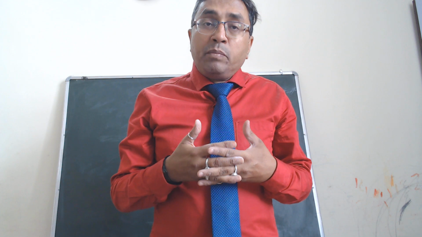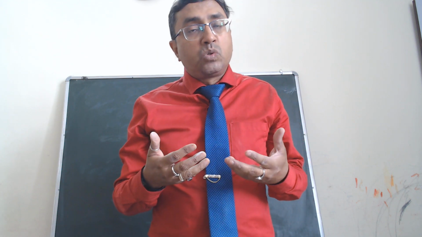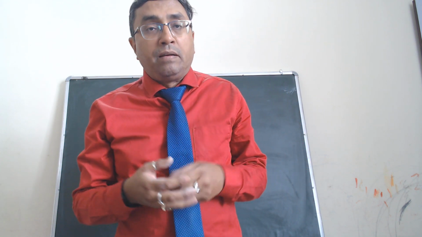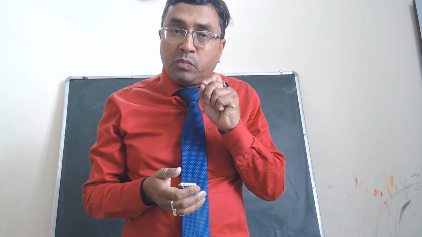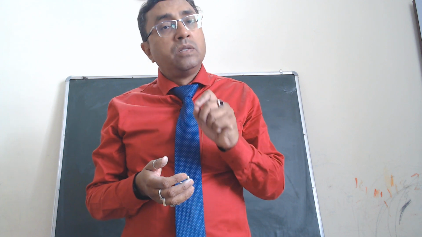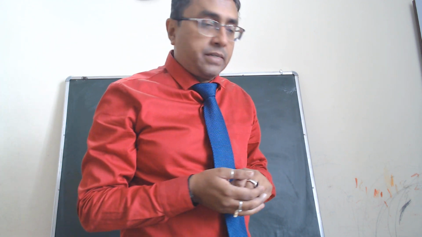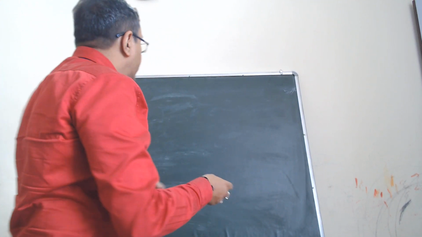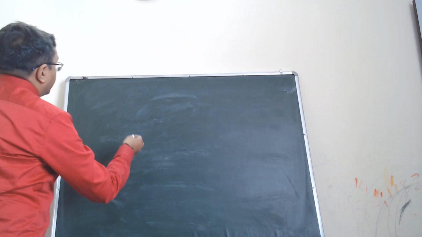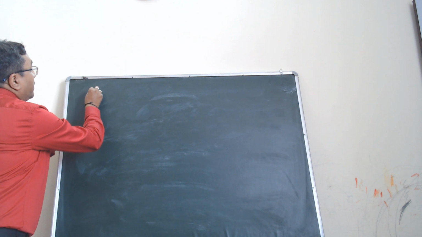Insulin in mature form is composed of A and B chain. Now I am going to explain some important points related to insulin molecule. What are the related important components and what are their functions?